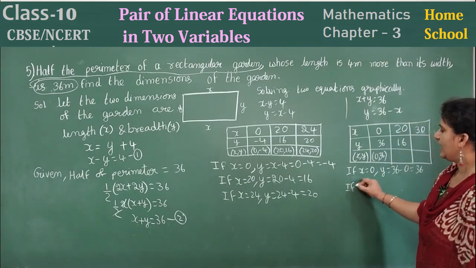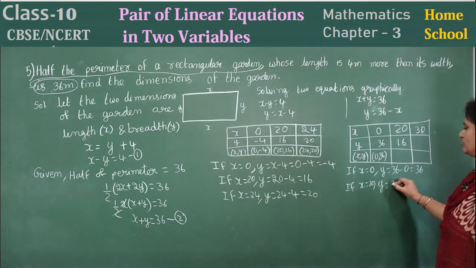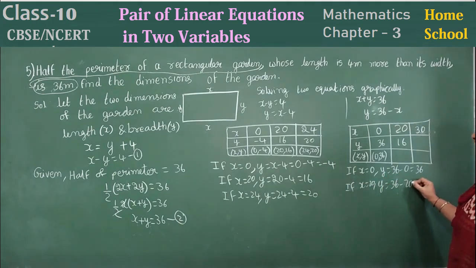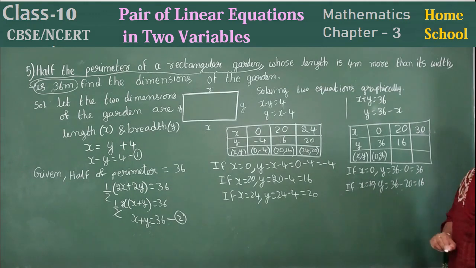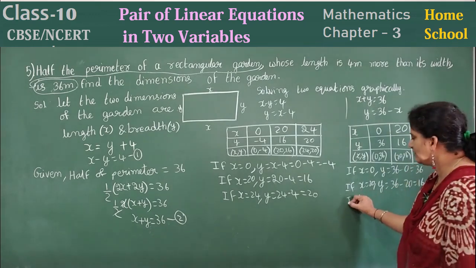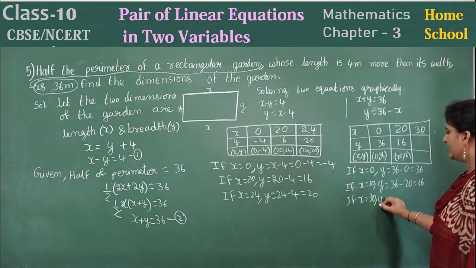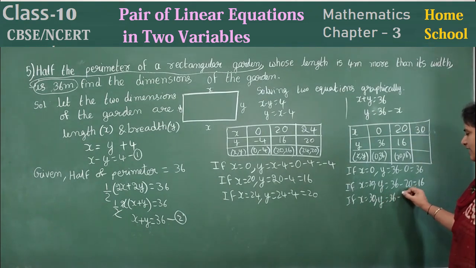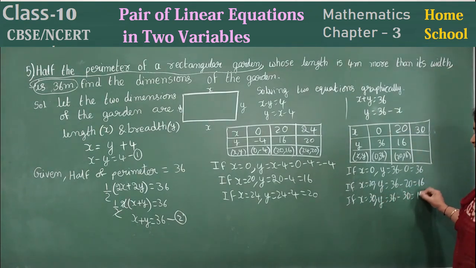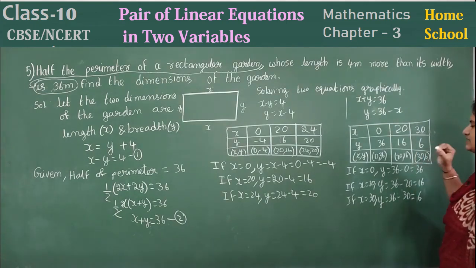Next, if x is equal to 20, y is equal to 36 minus 20 will be 16. Yes, same we got. 20 comma 16. Next, if x is equal to 30, y is equal to 36 minus 30, that will be 6. Mark here 30 comma 6.